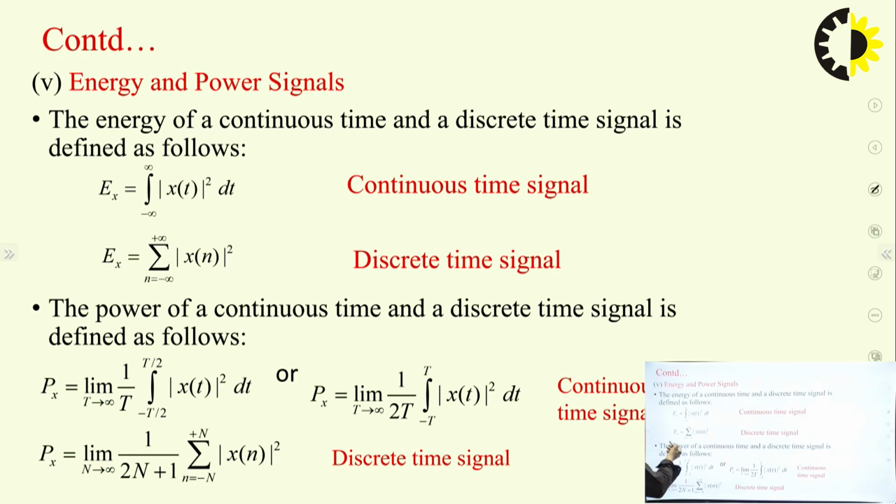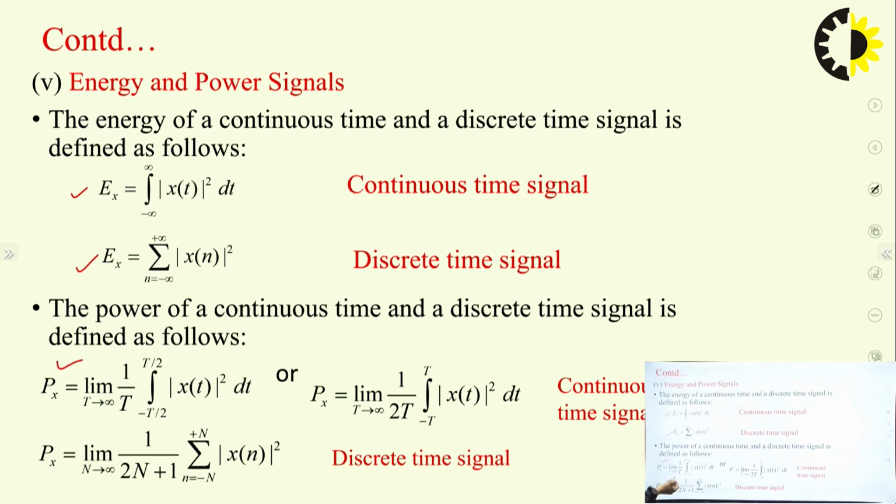For calculating energy of a continuous time signal, we use this expression where x(t) is our signal, the integral of mod of x(t) squared dt, and similarly for a discrete time signal the expression is this. And for power we can see the expressions are these, for continuous time signal.